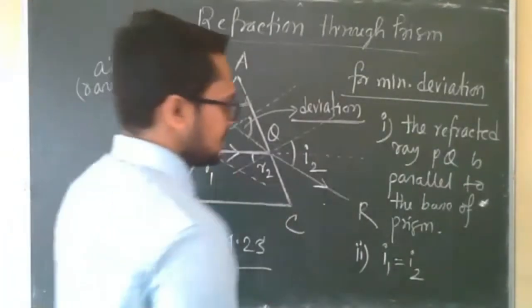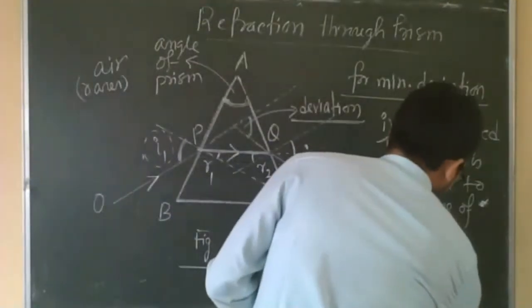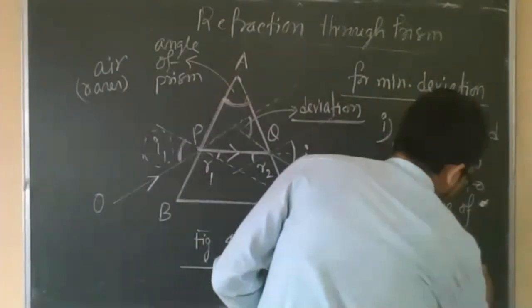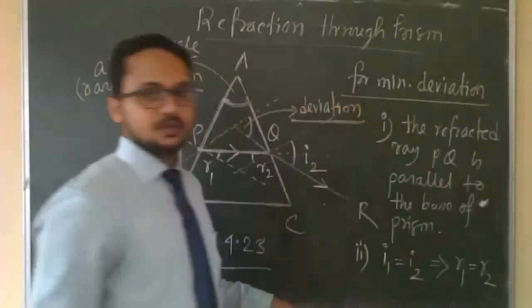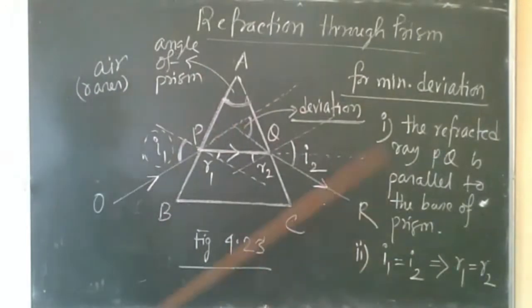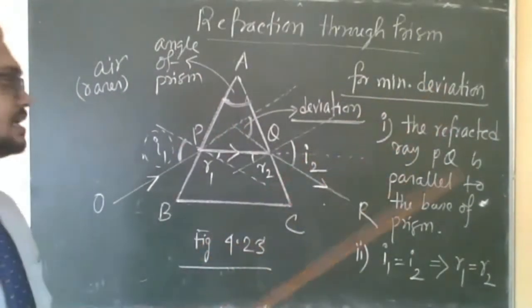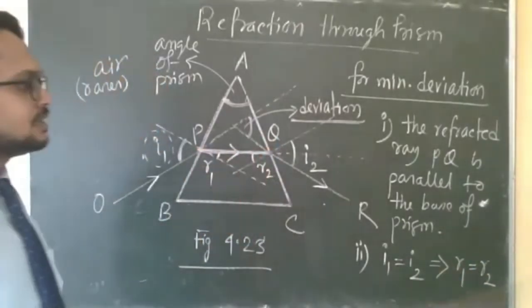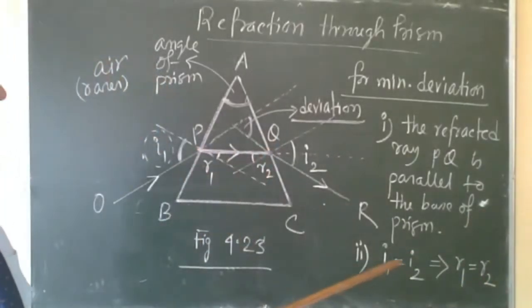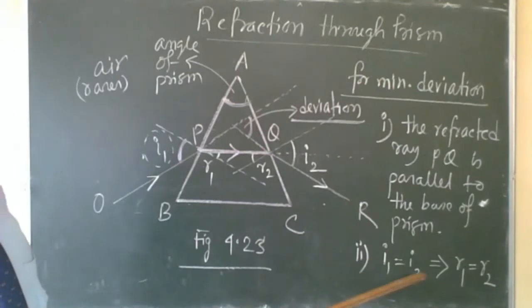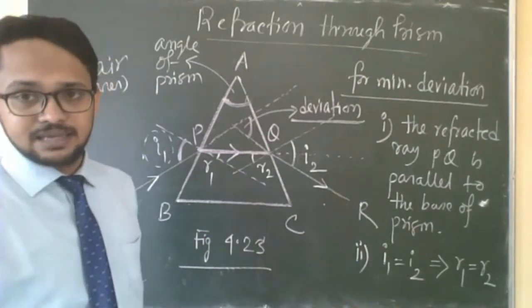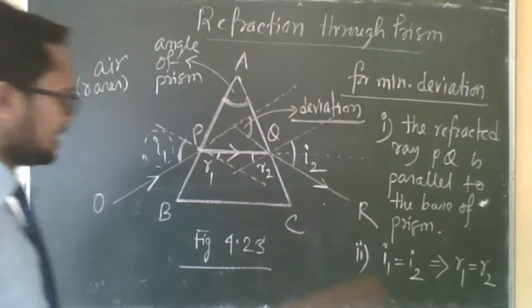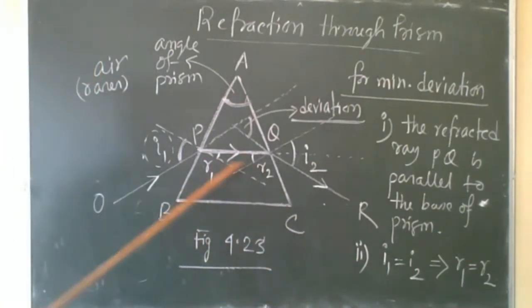I1 equal to I2 means R1 equal to R2. So these are the two conditions for minimum deviation. The refracted ray PQ inside the prism should be parallel to the base, and the incident angle and final emergent angle will be equal, and that means the refracted angles inside the prism will also be equal.